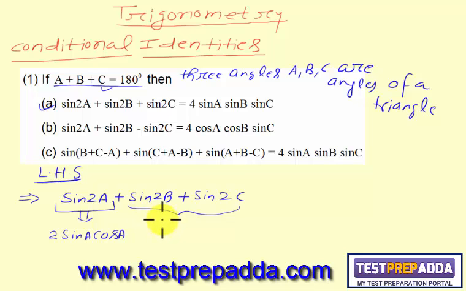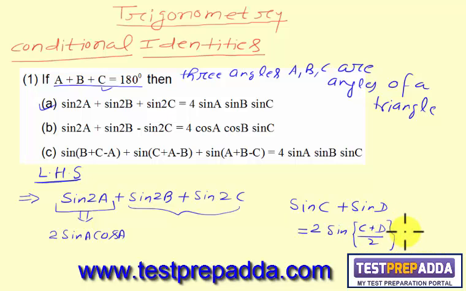Here use a transformation. What kind of transformation? Recall the formula sine C plus sine D. The formula is 2 sine (C plus D) by 2 into cos (C minus D) by 2.